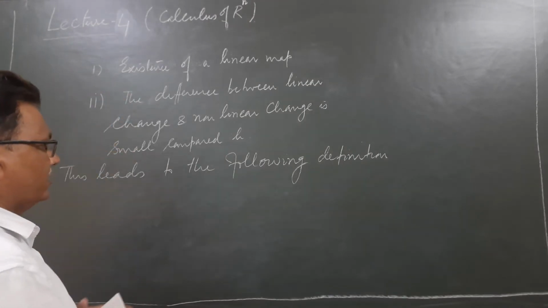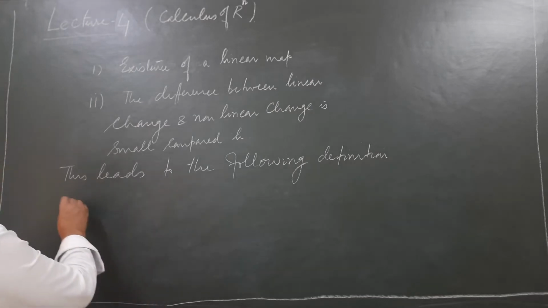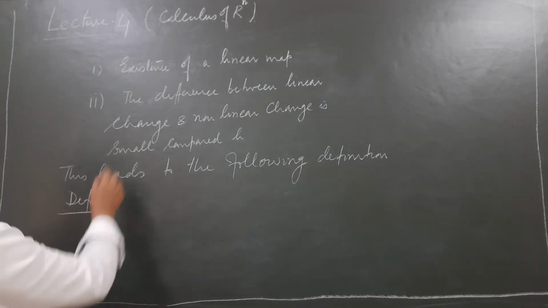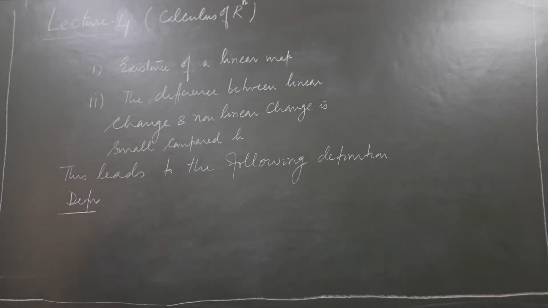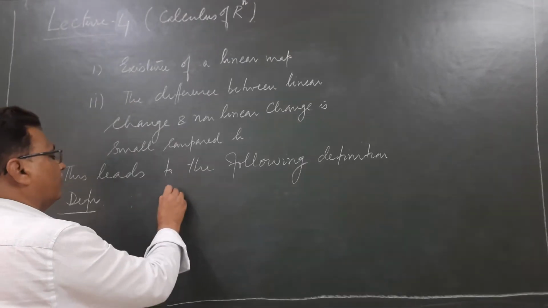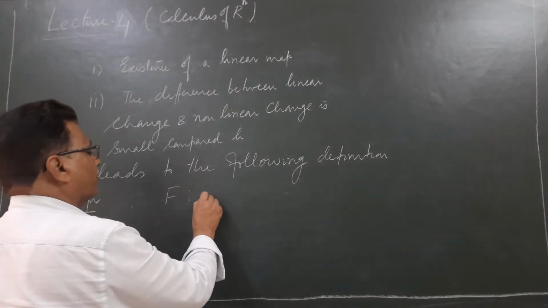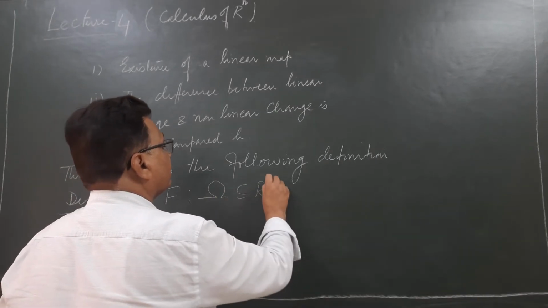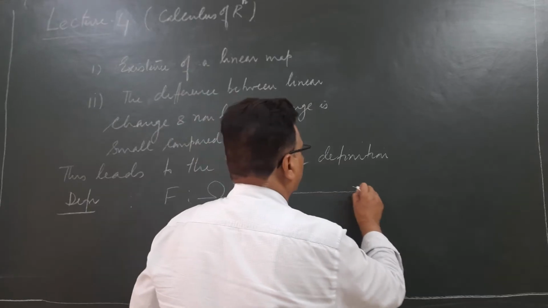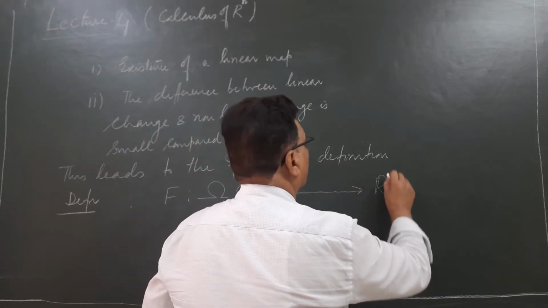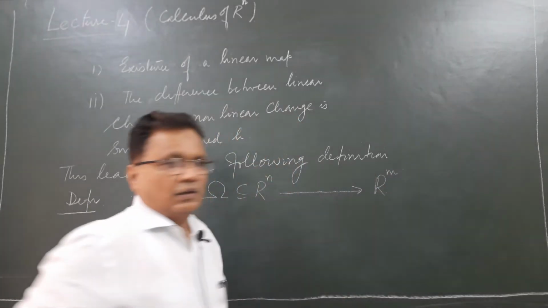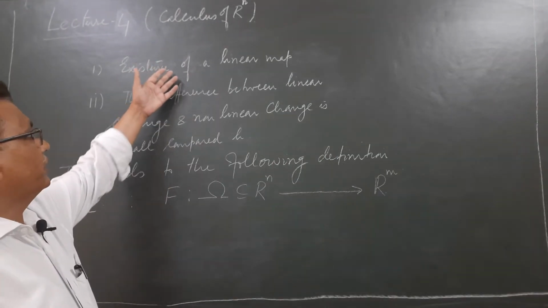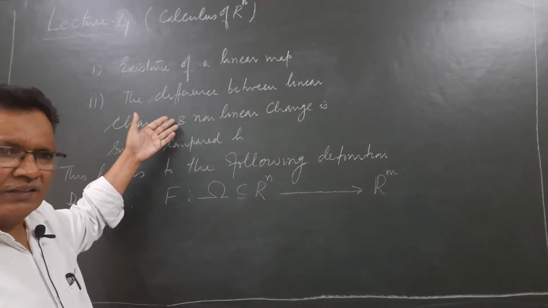Now, this gives rise to the definition of a differentiable function. So, I am writing down the formal definition by picking up these two properties. So, consider a function f from an open subset of Rn into Rm. I have explained to you the geometric interpretation of these two conditions as well in my last lecture.